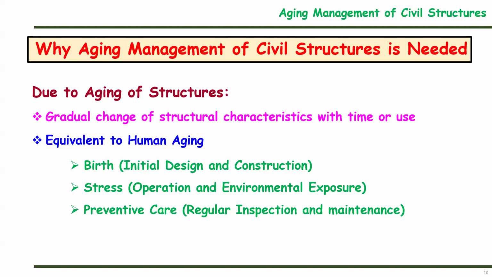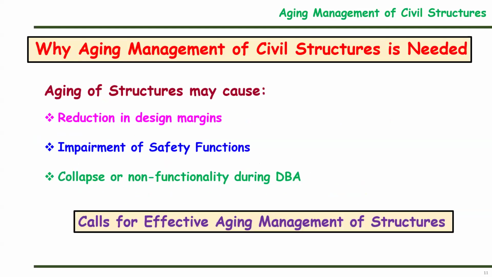Stress on a human being can be related to operational and environmental exposure of the existing structures, and preventive care on a human being can be related to regular inspection and maintenance of the structure.